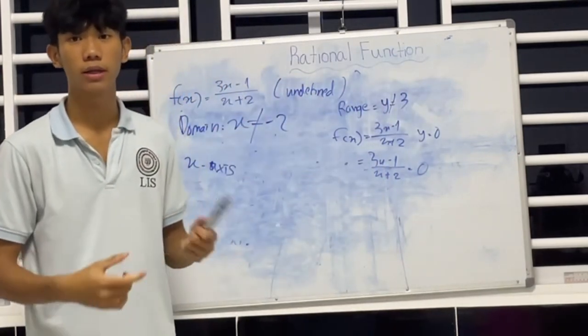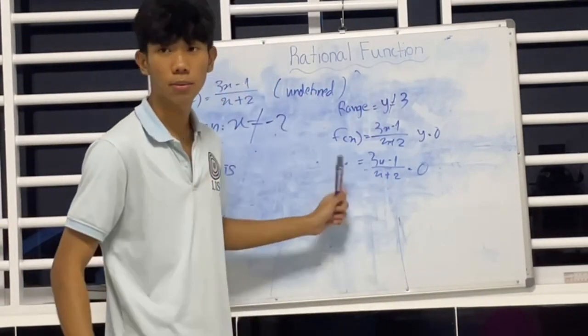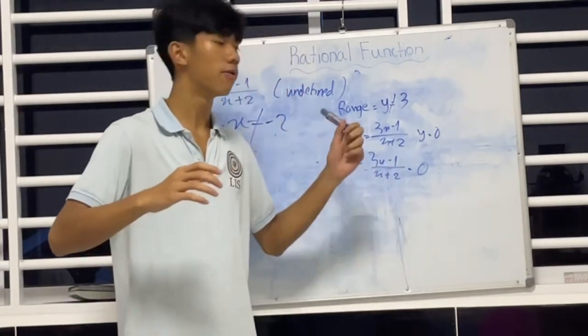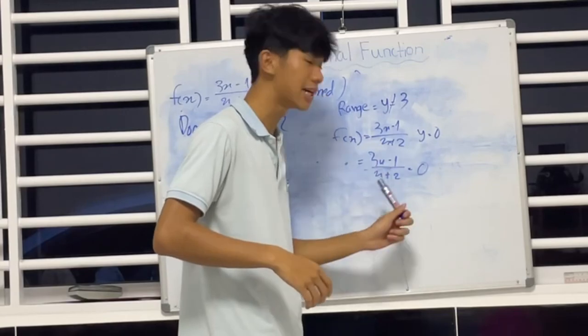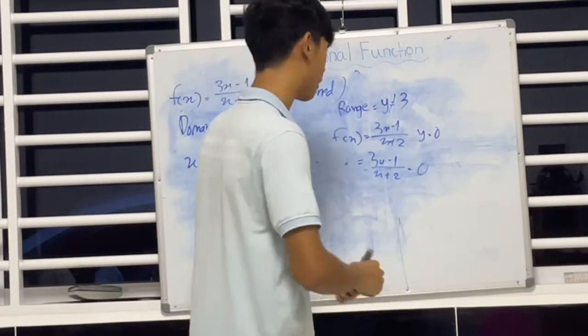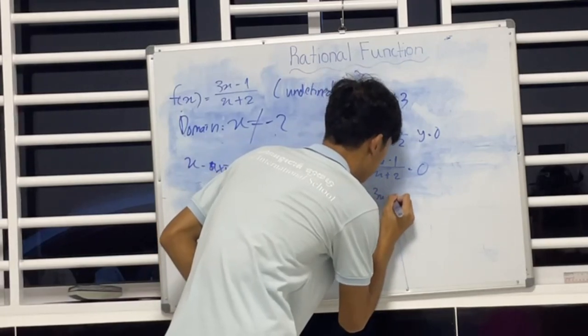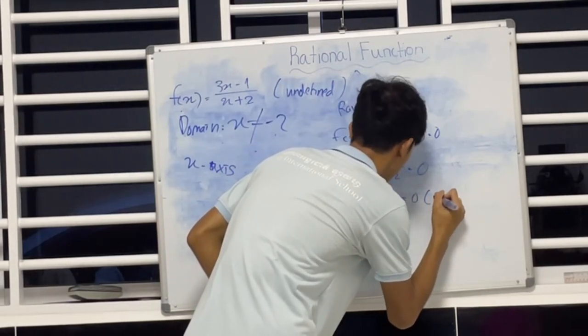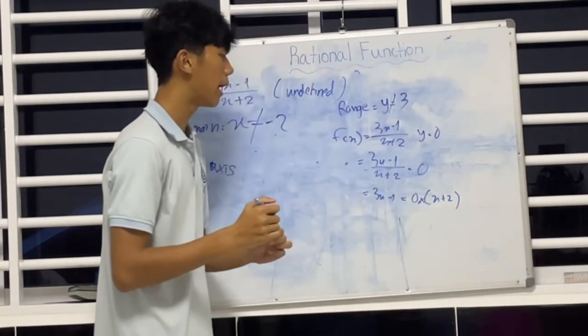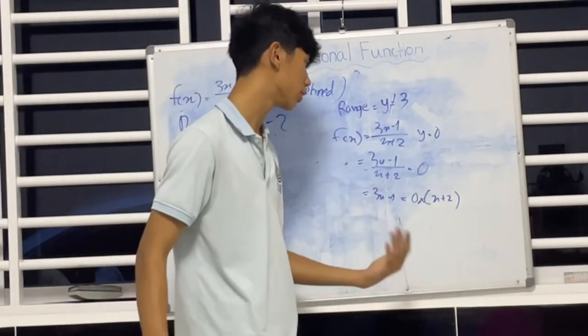What you have to do after that is take the denominator and multiply, because when you switch from one side to the other, divide becomes multiply. So 3x minus 1 equals 0 times x plus 2, which is equal to 0.